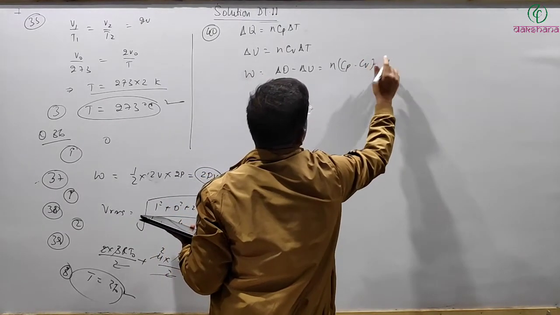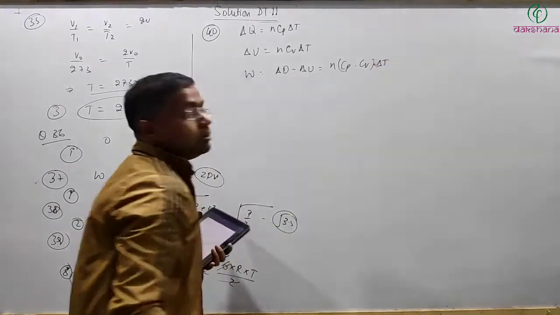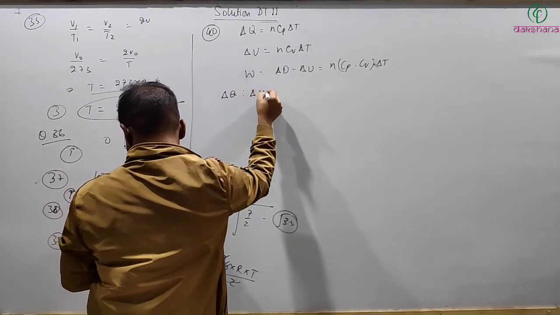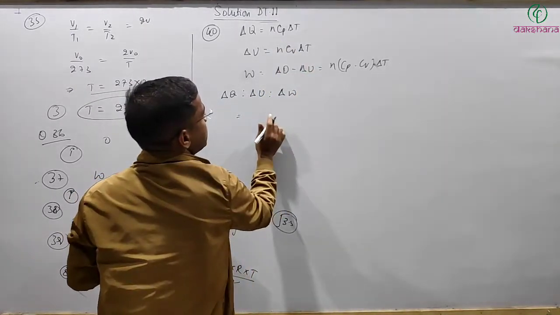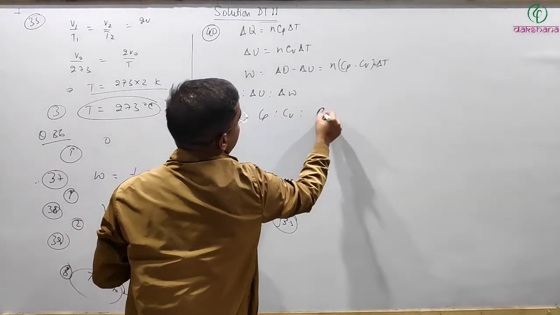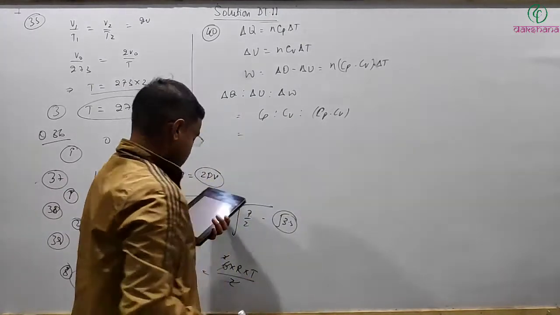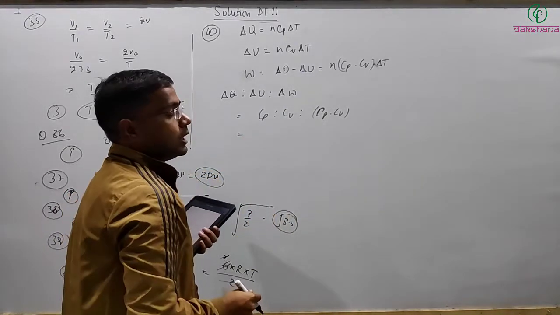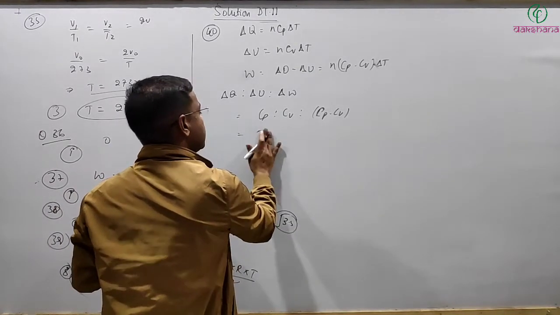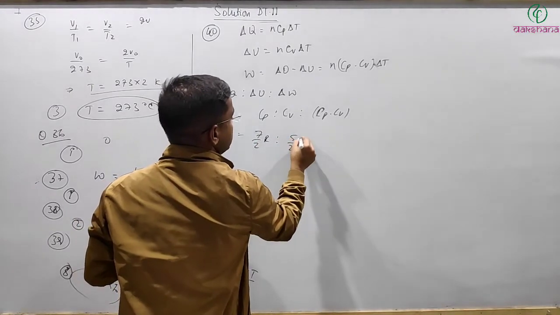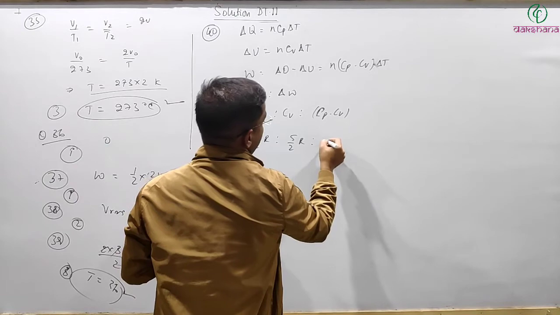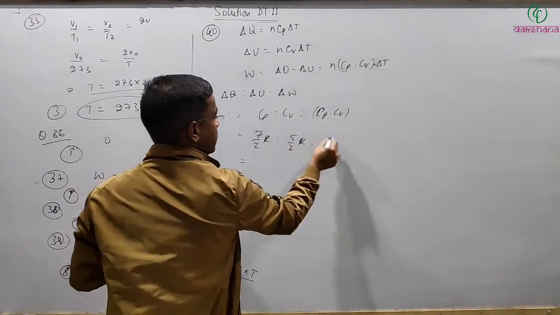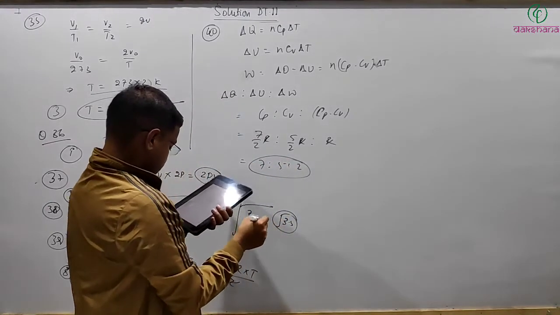For a diatomic gas, Cp is 7/2 R, Cv is 5/2 R, and Cp minus Cv is R. R gets cancelled. So 7:5:2 will be the answer, matching with option number 3.